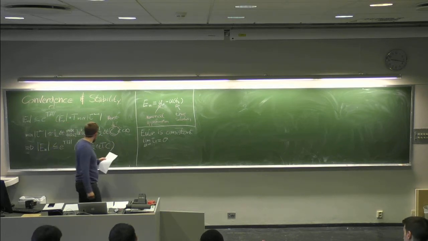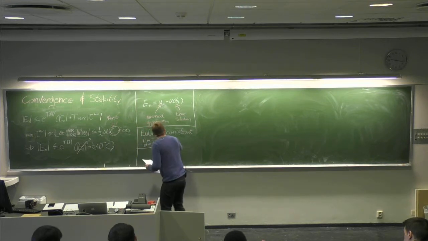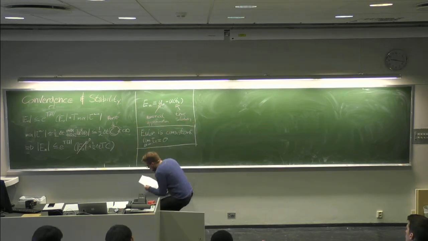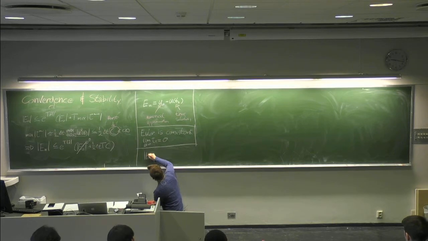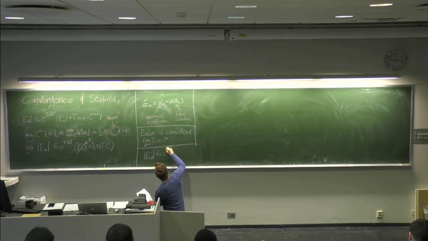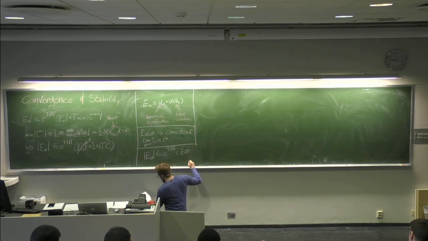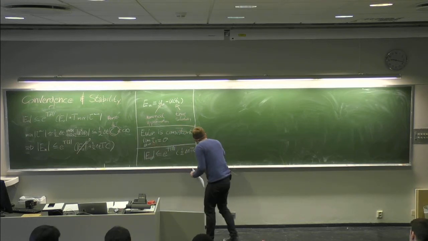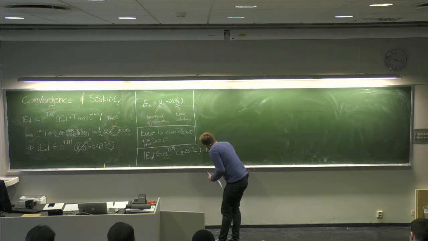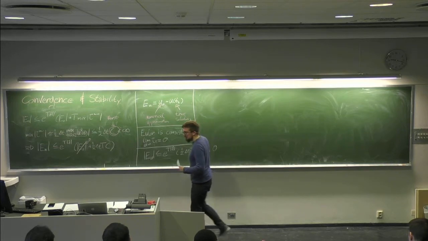And you are left with E_n is less than e^(lambda t) times 1/2 delta t times C, which goes to 0 when delta t goes to 0, like so.